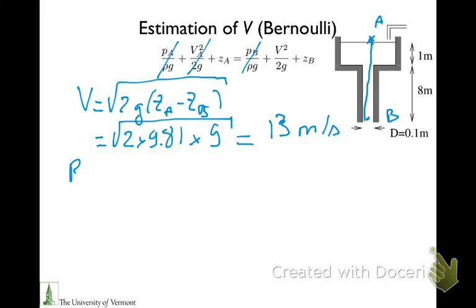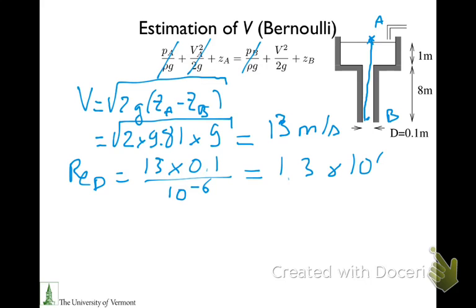My Reynolds number Rd is equal to 13 times 0.1 divided by 10 to the power minus 6, so that's 1.3 times 10 to the 6.